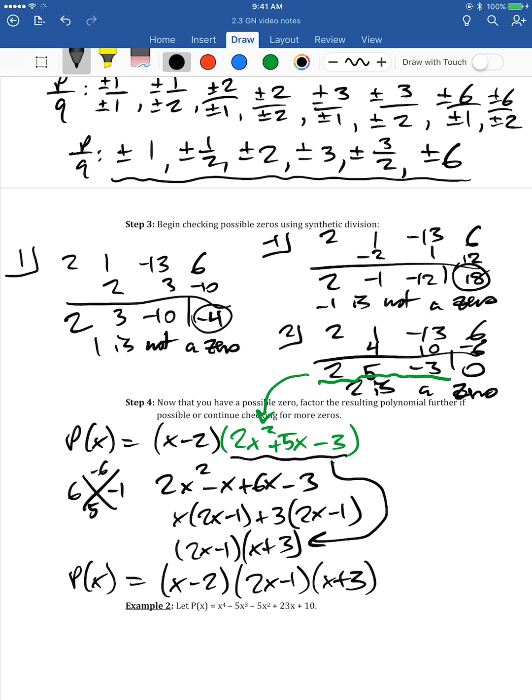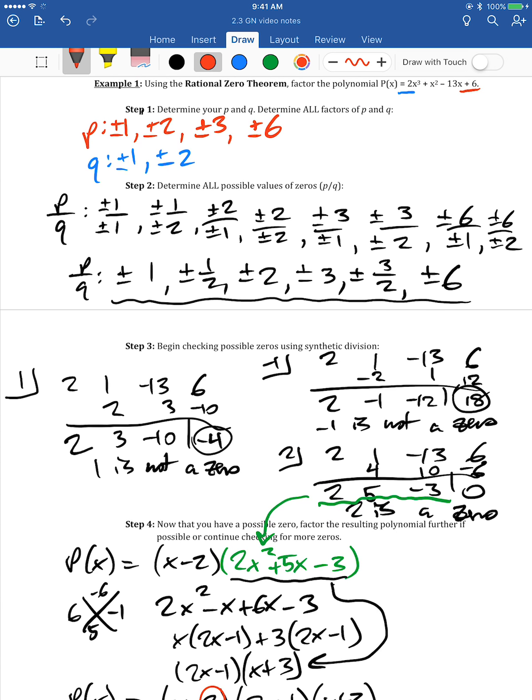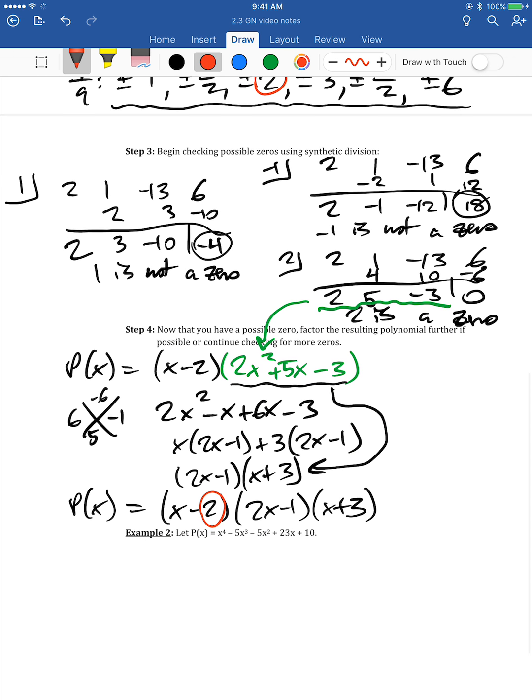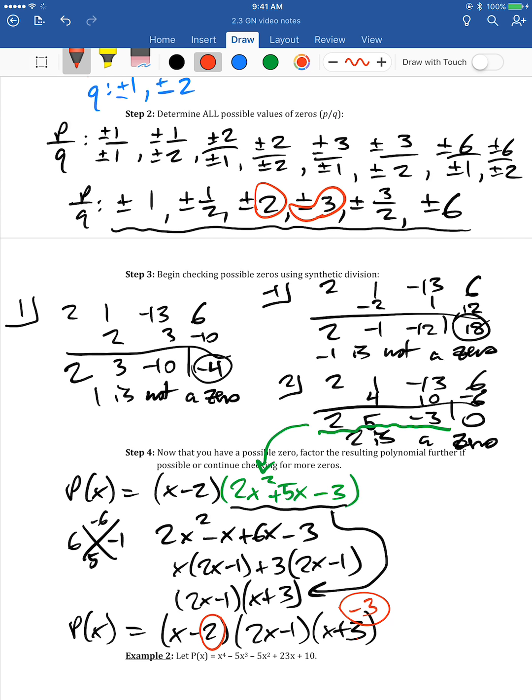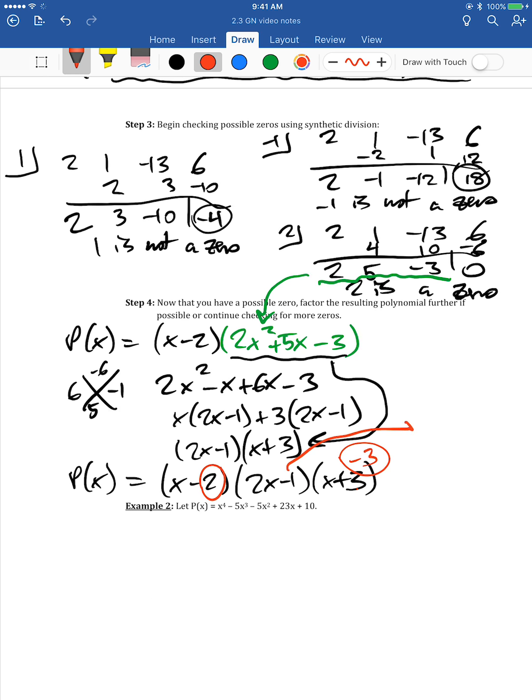That's it. So notice that 2 is a 0. And x plus 3 means negative 3 is our 0 here. And then 2x minus 1 is the same as x minus 1 half.